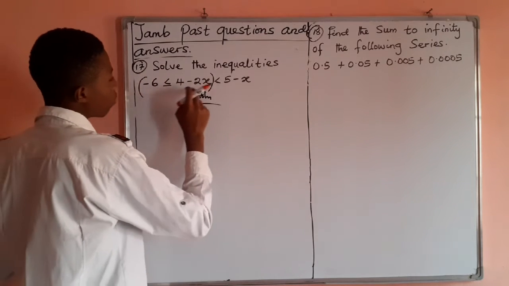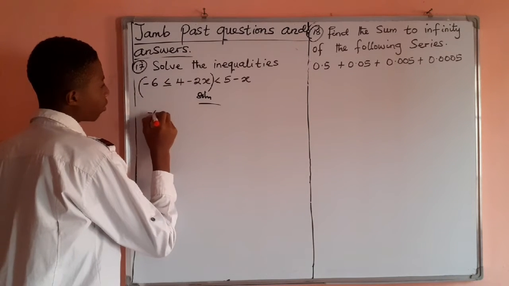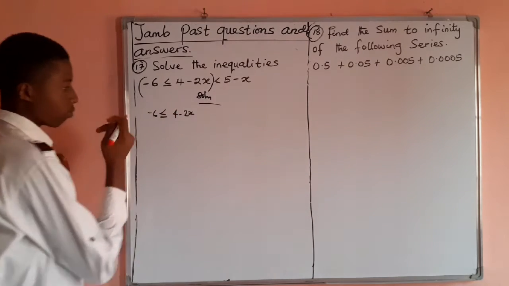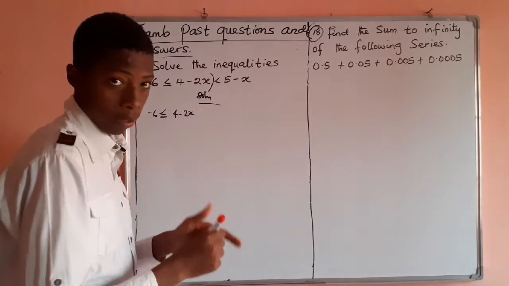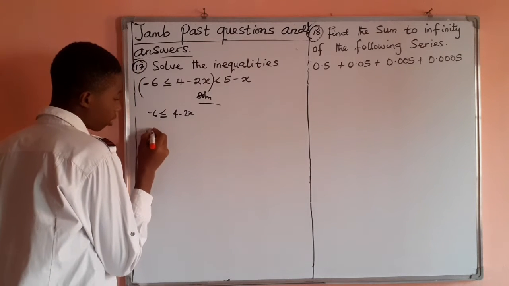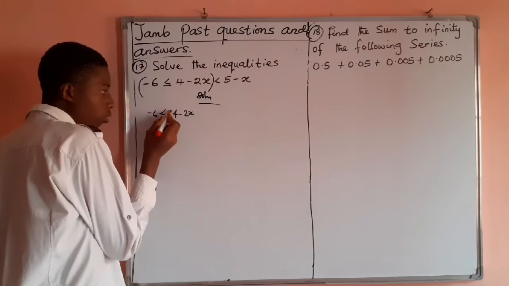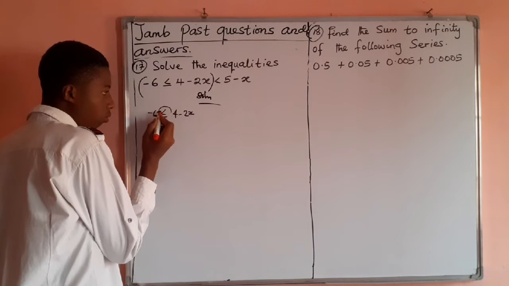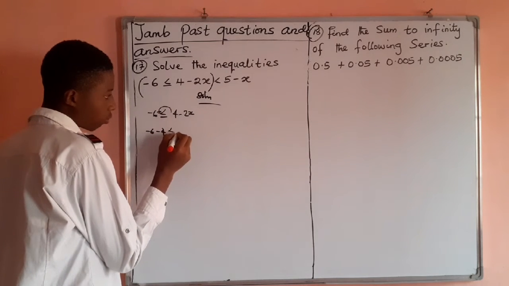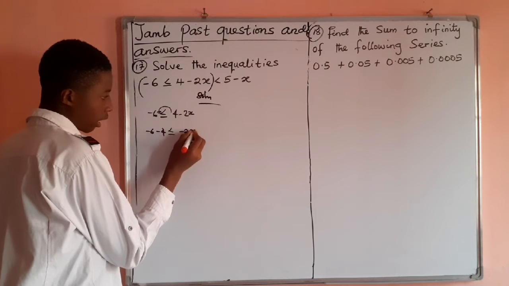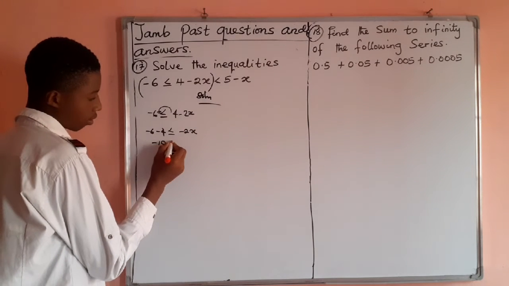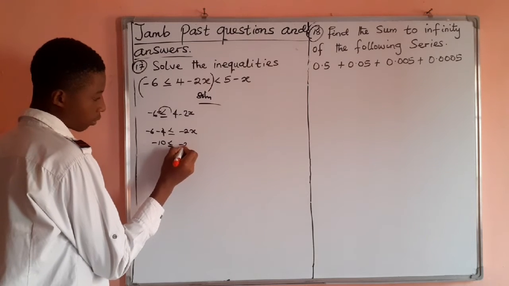So when you're taking one side, this gives you minus 6 is less than or equal to 4 minus 2x. As usual, in inequalities we collect like terms. Plus 4 crossing over gives minus 4. So minus 6 minus 4 is less than or equal to minus 2x. Minus 6 minus 4 is minus 10, less than or equal to minus 2x.